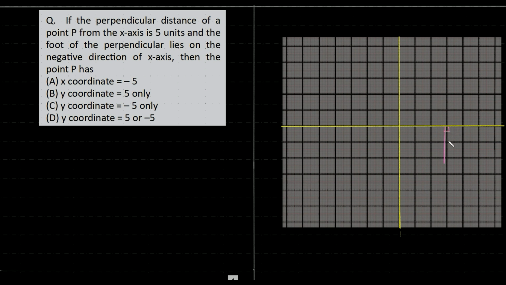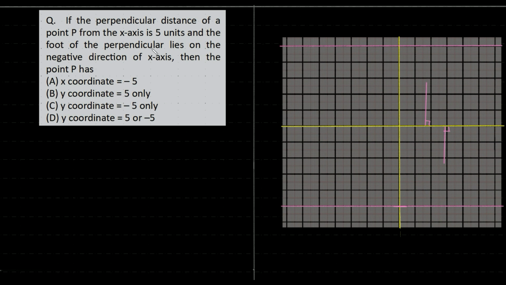A perpendicular line with respect to the x-axis is this. The distance is 5 units, so it is 1, 2, 3, 4, 5, somewhere along this line. It can be any point on this line, or any point on that line.